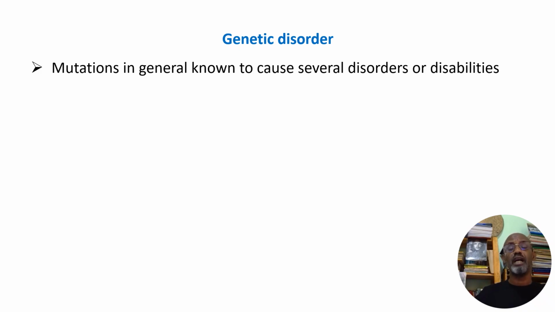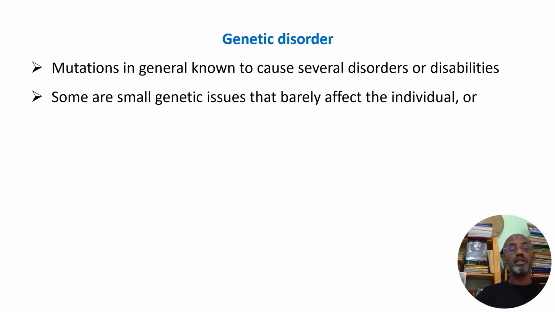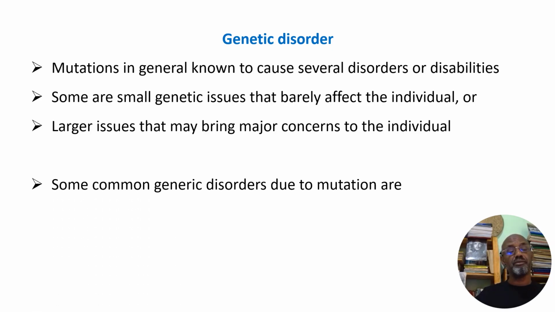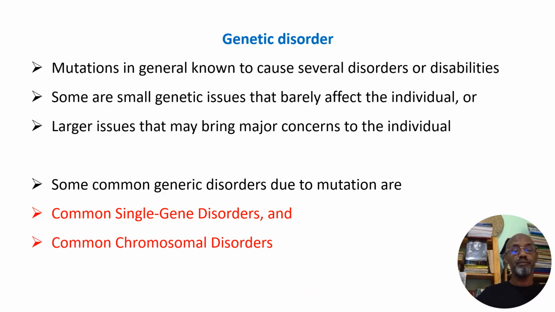Mutation in general is known to cause several disorders or disabilities. Of course, some are small genetic issues that briefly affect the individual, or larger issues that may bring major concern to the individual. Some common genetic disorders due to mutation are common single gene disorders and common chromosomal disorders.